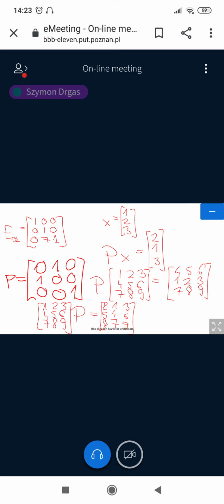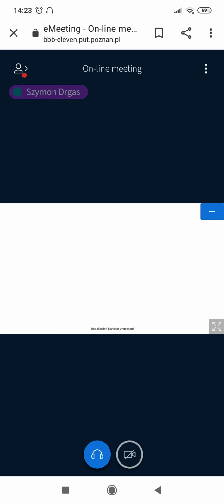So we have E matrix, which is 1, 0, 0, A, 1, 0, B, 0, 1, and F is 1, 1, 1, and C below the second element.